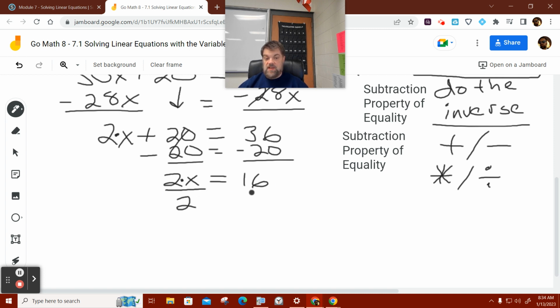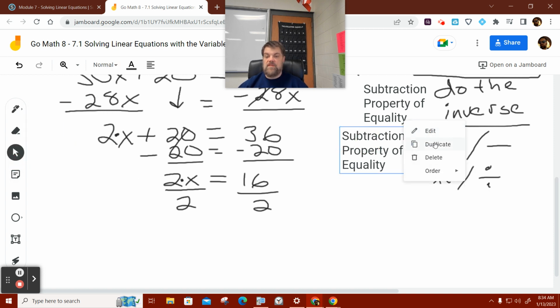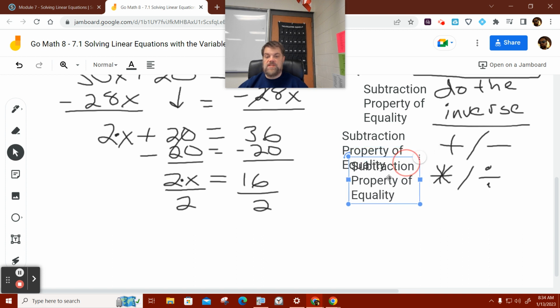Dividing. I think they were saying what I'm supposed to do next, and they weren't necessarily listening to the question. Okay. So now, before I do that, what property of equality would you say that is? Division property of equality. So I'm going to move this down here.